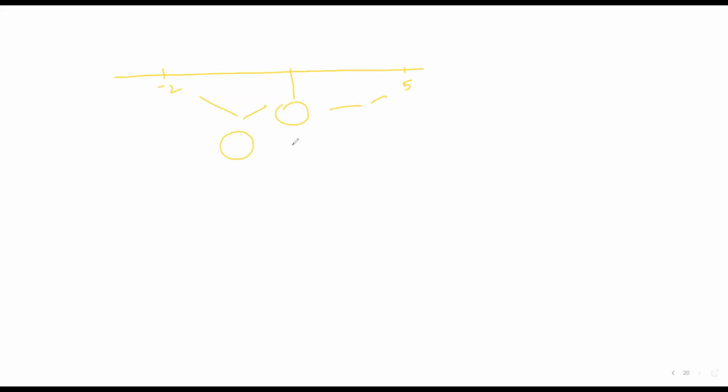I can add these two also and I'll get something here, or I can add these two also. Any adjacent numbers you can add. Ultimately, all these numbers are going to fall between -2 and 5.